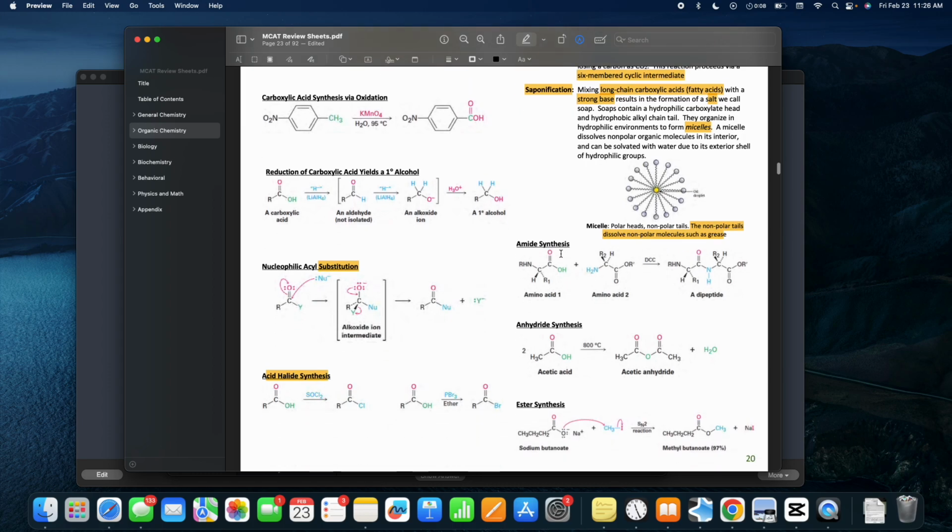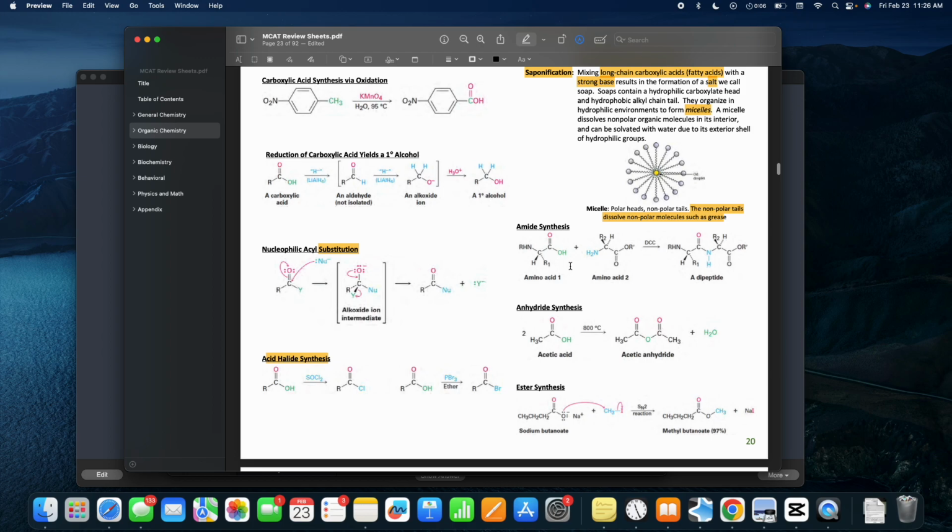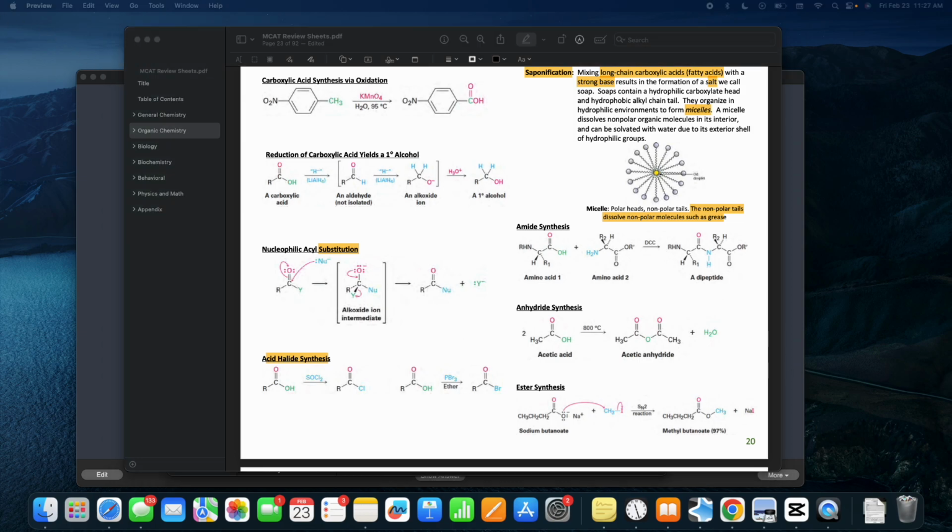And we have amide synthesis. So you have amino acid 1 and 2 reacting, and the DCC. DCC gives us the dipeptide, and this is not an ester bond. This is not a glycosidic bond.